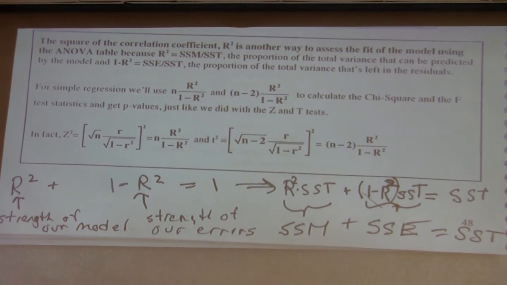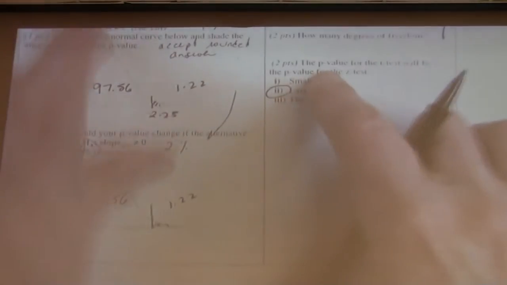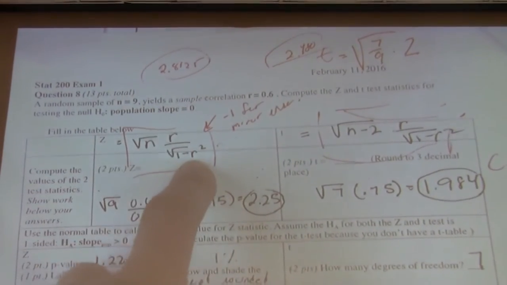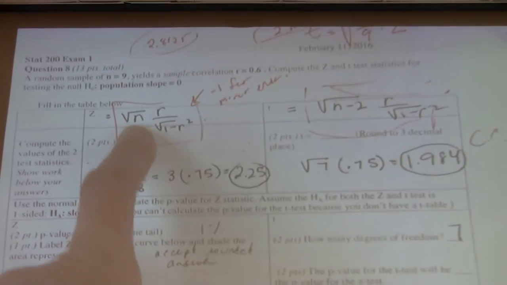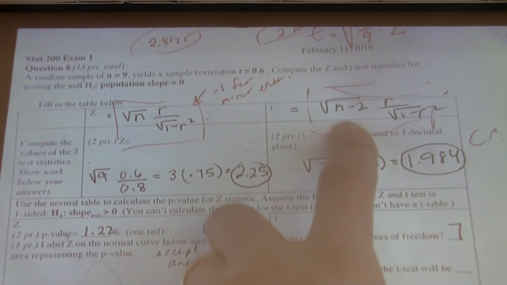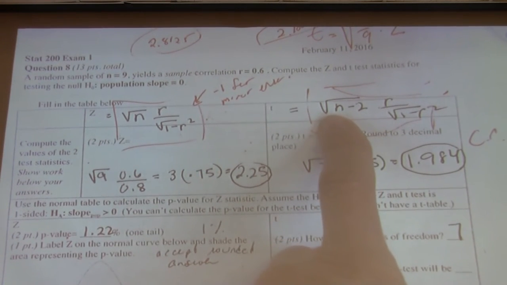Let's look at our exam. Where was our exam? Right here. If you square the z, you get R squared over 1 minus R squared, and then you're just multiplying it by the sample size, or for t, by the adjusted sample size.